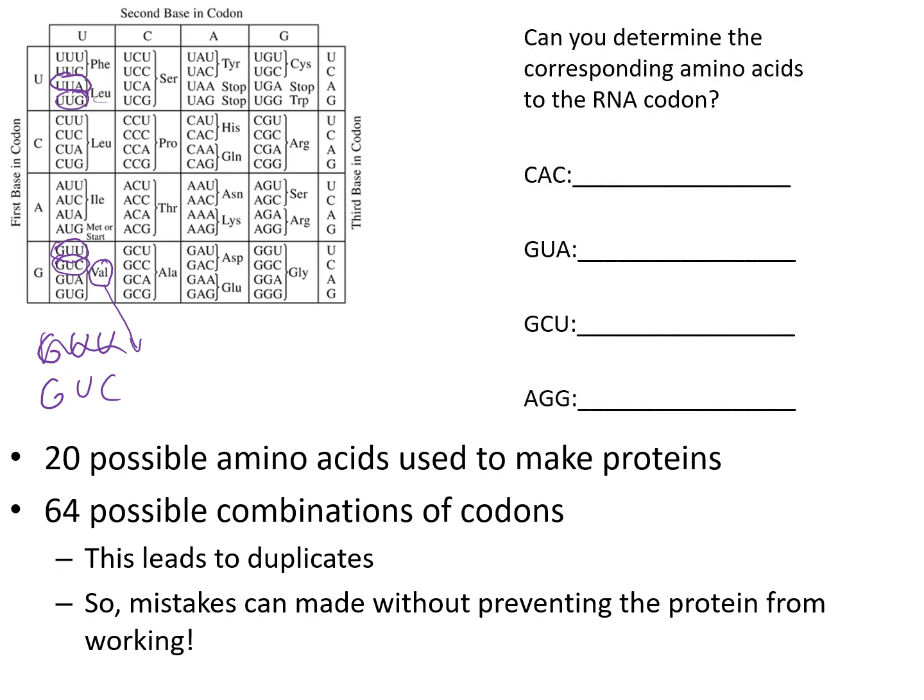So let's figure out, can you determine the corresponding amino acids to the RNA codons? So what we have right here is, I give you a codon, and we're going to figure out what amino acid is associated with this. So I have right here CAC. So we're going to look up CAC, and we find CAC on here, right there.